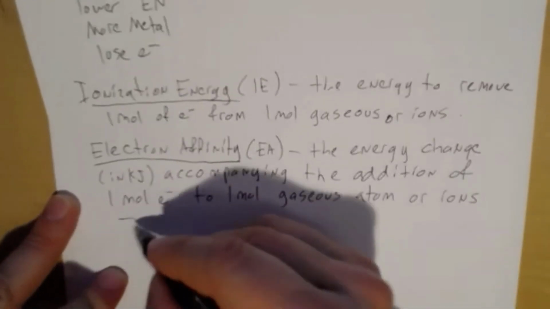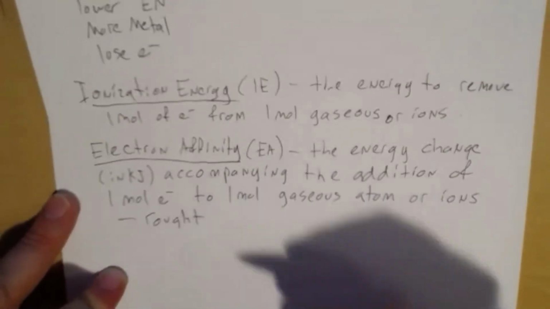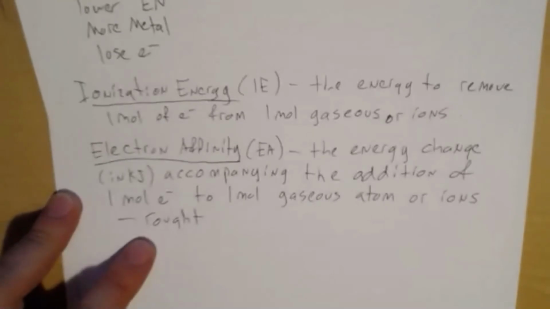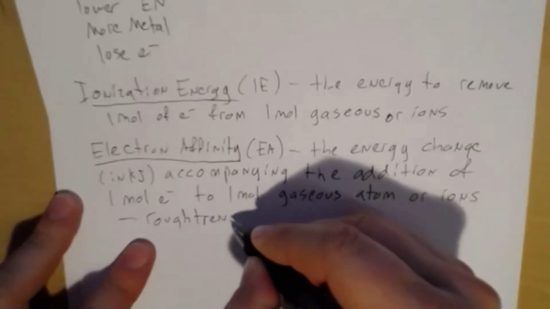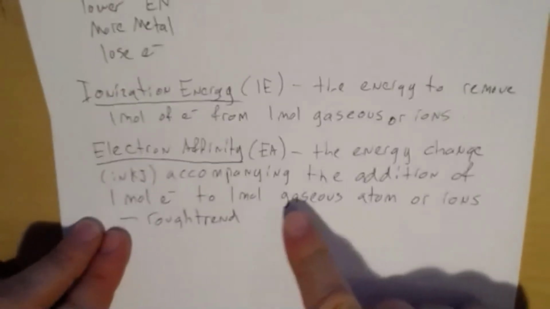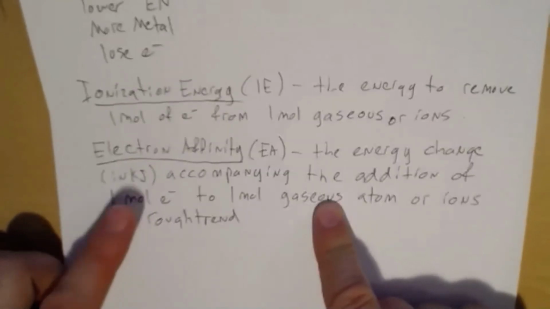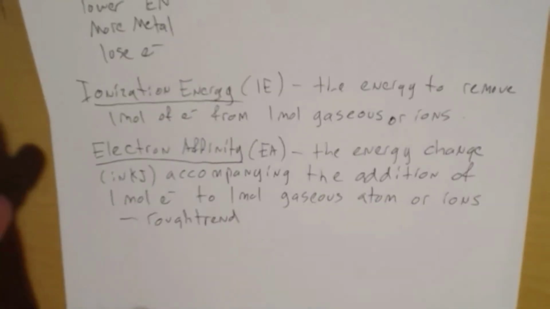One other thing to say about electron affinity is it's kind of a rough trend. It's not as beautiful as some of the other ones, like the volume. Rough trend. Okay. But again, they take 1 mole of atoms, they heat them up till they're a gas, and then they add electrons and they look at the energy change.